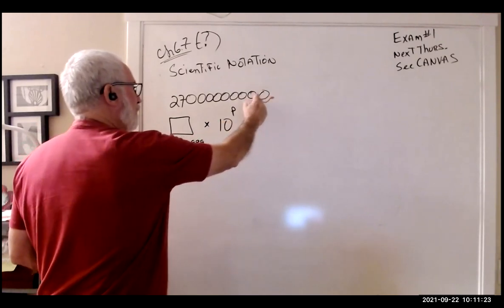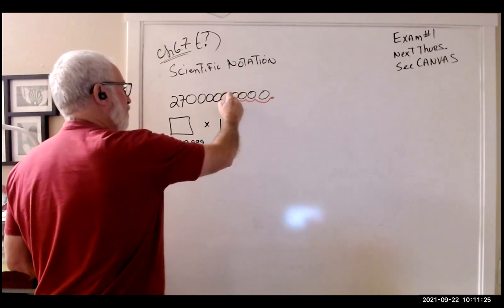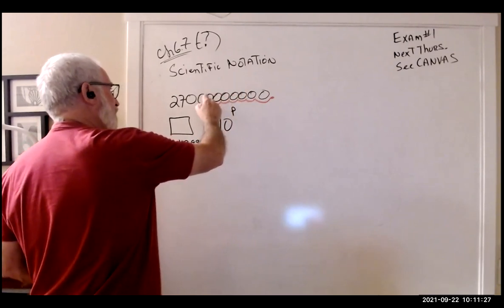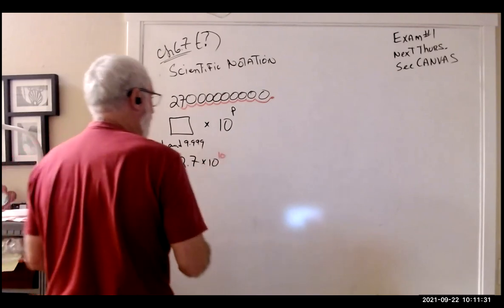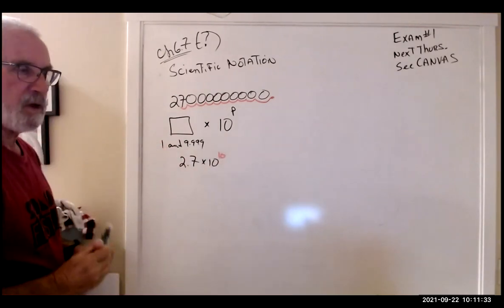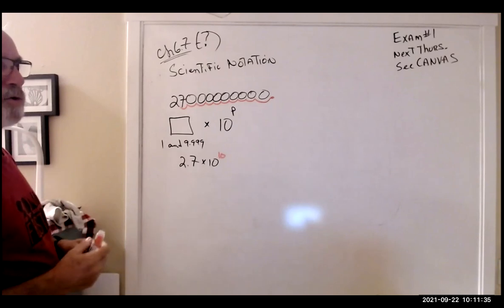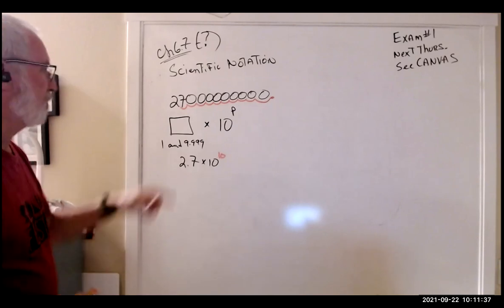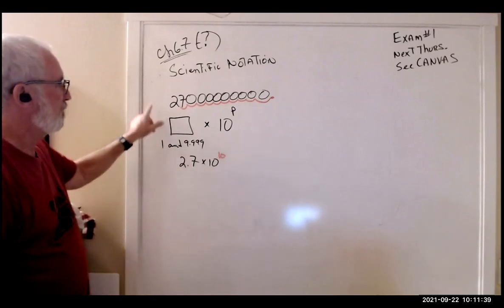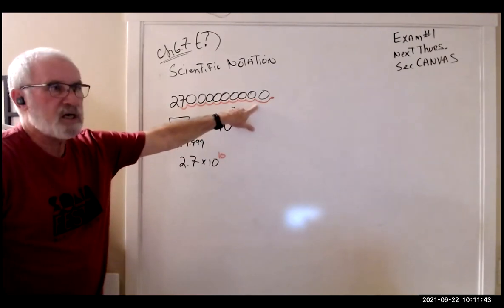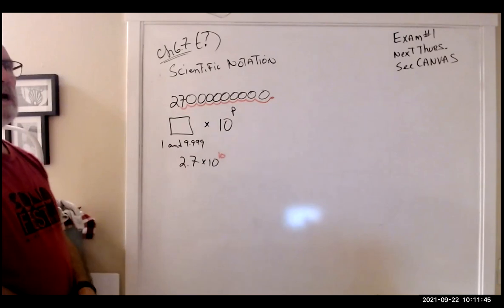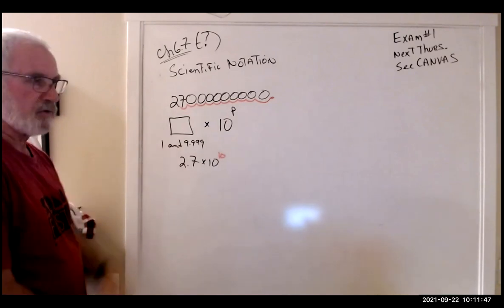So you moved it back 1, 2, 3, 4, 5, 6, 7, 8, 9, 10 times 10 to the 10 power. Much easier for the printers to write this than this. You didn't need nearly as many little zeros and stuff like that.